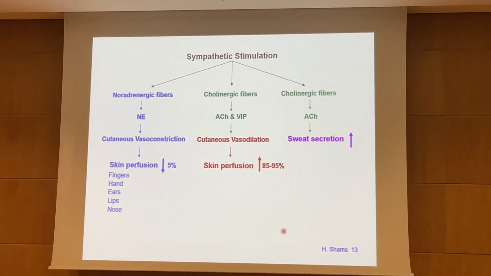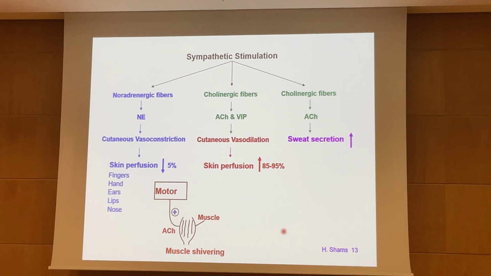Norepinephrine fibers are stimulated to warm up. And warming up is also happening by shivering. Shivering doesn't happen through sympathetic activity. Shivering happens through alpha motor neurons, also the motoric nervous system. And that is a mechanism of heat production, for example.